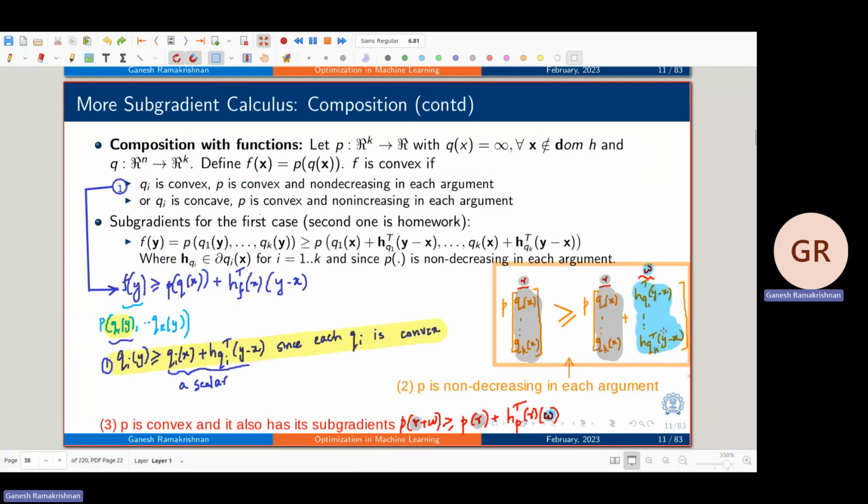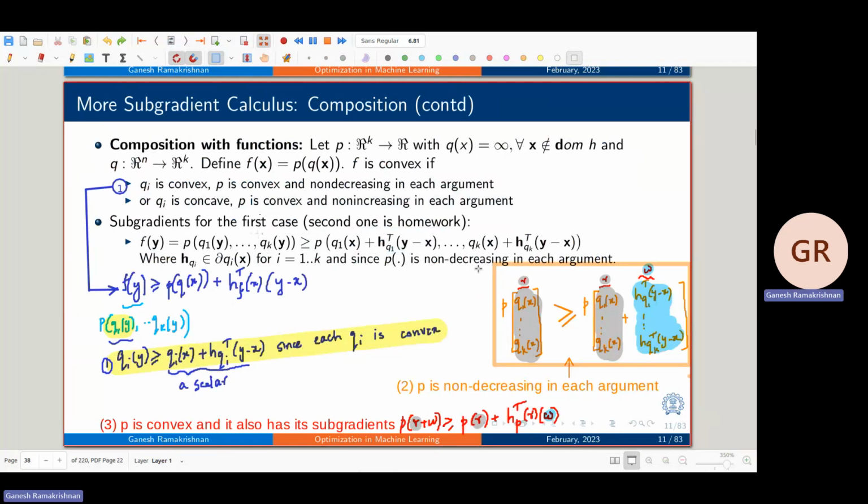Okay. I'm just showing you this. You'll have to do something like this. I'll leave it as homework, but you'll have to consider the case. For example, f of y is p of q1 y, ..., qk y, which is greater than or equal to p of q1 x plus the qth component of h transpose y minus x.